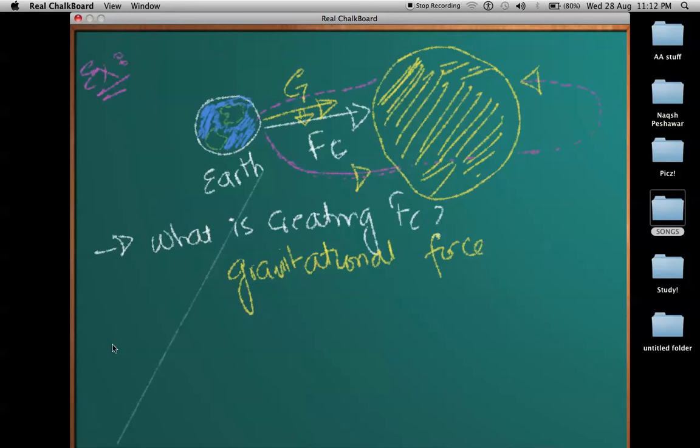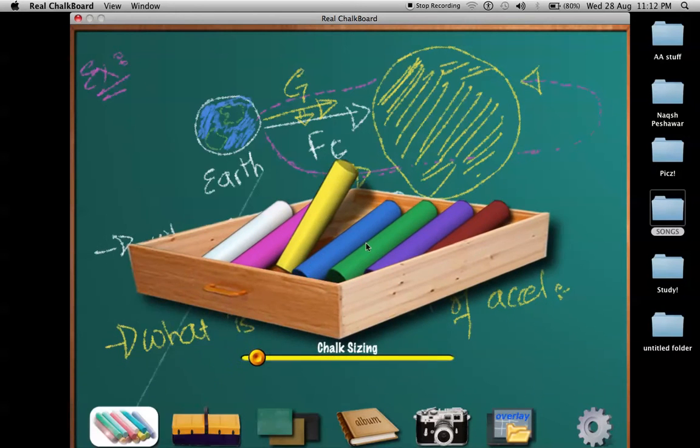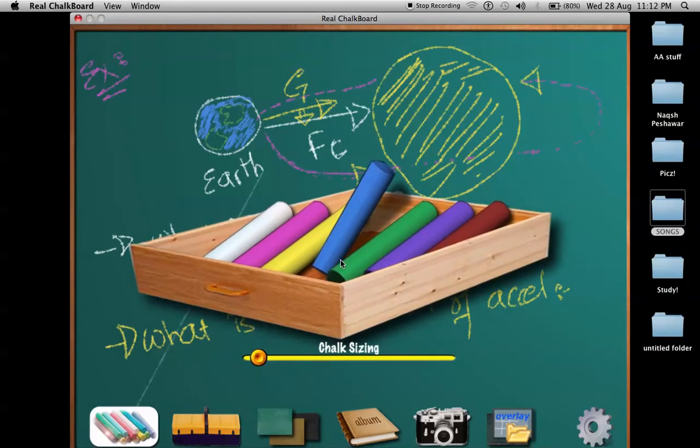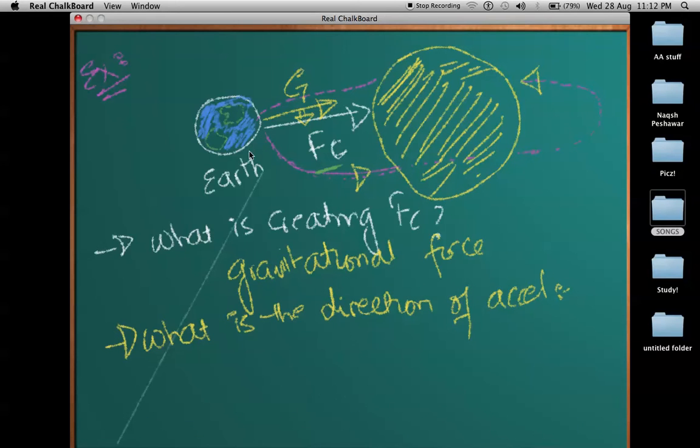Now, what is the direction of acceleration? I might get a lot of answers here, but I want to clear one of your concepts. Always remember that the centripetal force is a net force. When the Earth is here, the centripetal force will be in this direction.